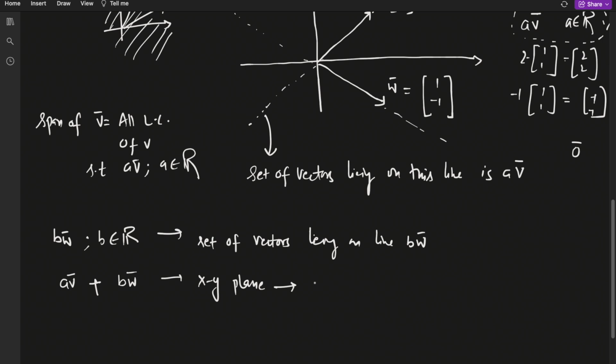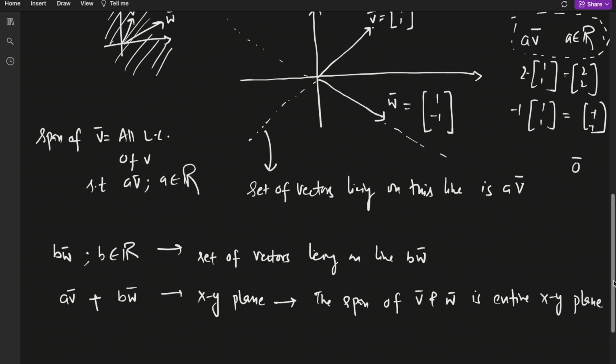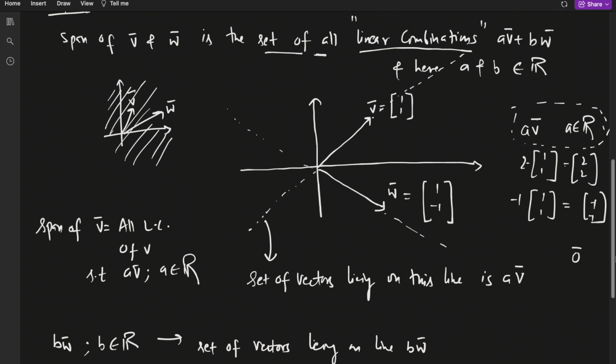And that's why the span of v and w is the entire xy plane. All right. So I think you get the intuition of what a span is and how the span of these two vectors gives the entire xy plane.